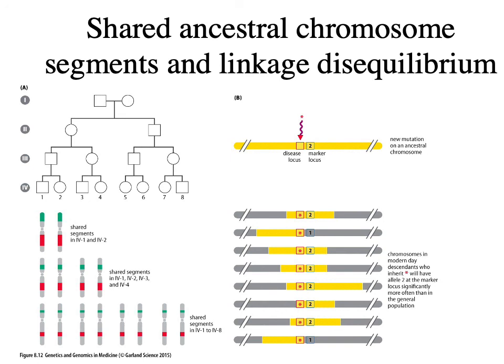Here in this image, we imagine a highly idealized situation where sharing of two chromosome segments on a single chromosome extends to all 8 individuals in generation 4, who have common great-grandparents. The extent of the shared region is greatest in the sibs, but progressively decreases the further the individuals are separated from a common ancestor.